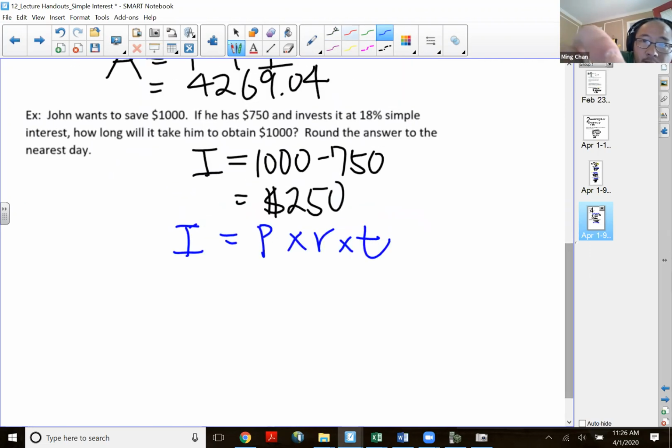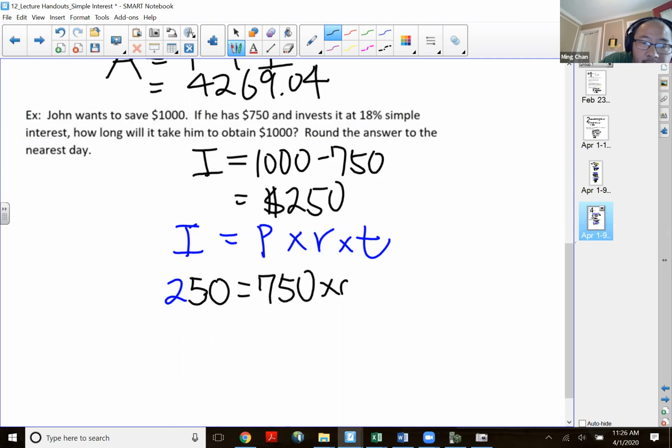So the interest he wants to earn is 250, and he is taking $750 to the bank, invested at an 18% interest rate times T. All right, so let's see.